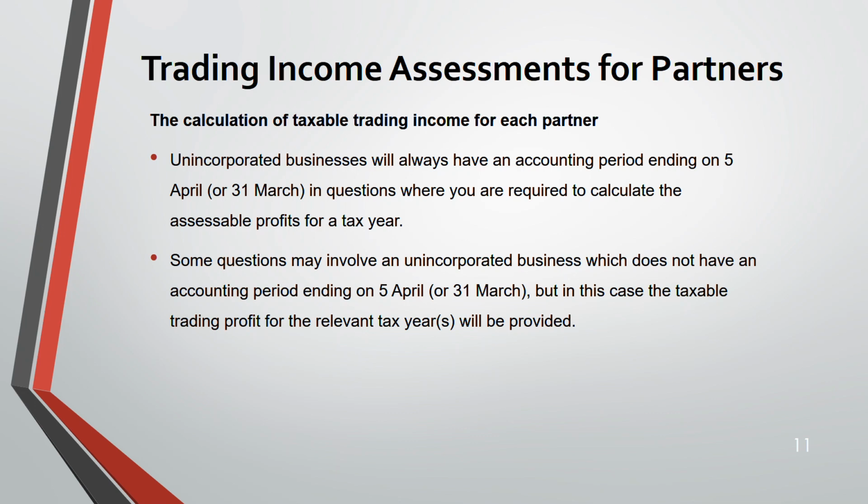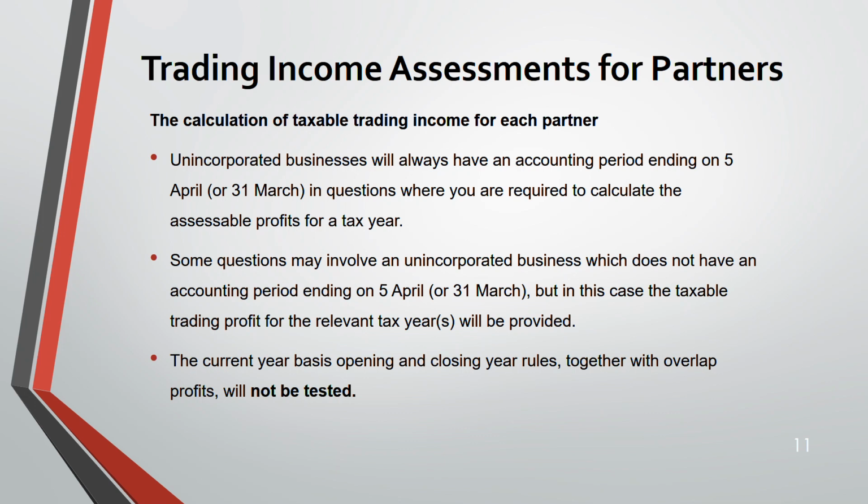Okay. So some questions may involve an unincorporated business which does not have an accounting period ending on 5th April or 31st March. Earlier we had this issue. That's why we had this basis period. But in this case, you don't have to calculate. The examiner will give you the taxable trading profit for the relevant tax year.